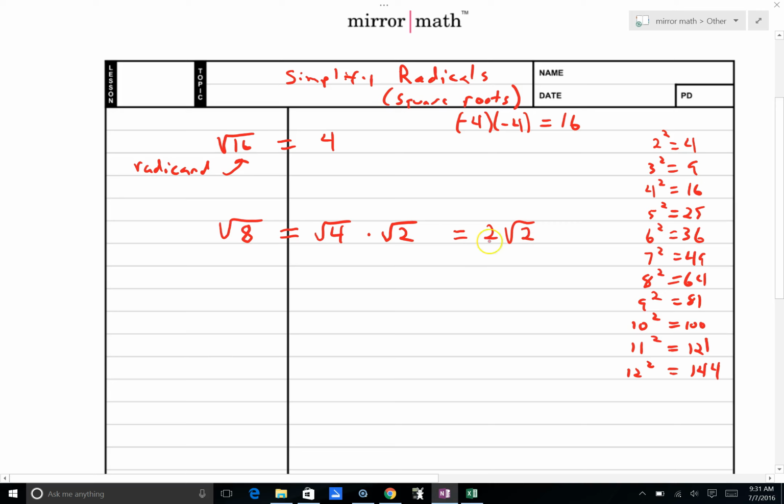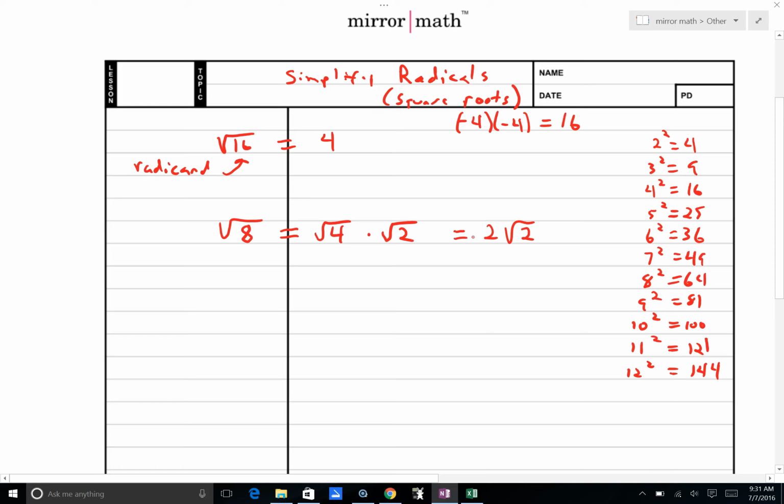The square root of 8 is 2 times the square root of 2. Just like we would say 3 over 6 is equal to 1 over 2, we have simply changed the way this statement looks. These two have exactly the same value. And this is the exact value of the square root of 8. It's not anything rounded. It is exactly what the square root of 8 is equal to.